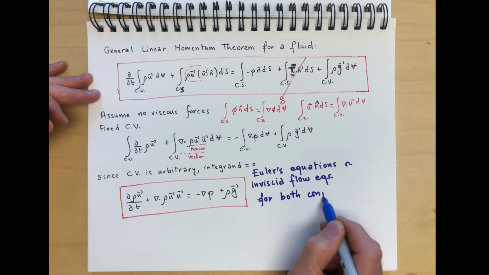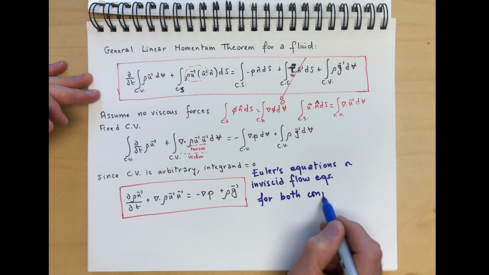All of the other terms are easy to just spell out, except for this guy, which can get a little bit complicated. One easy way to think about this is to start by writing the individual components. So we have d rho u by dt, and then d rho v by dt, and then d rho w by dt. These are the three components. Plus, now think about something here.